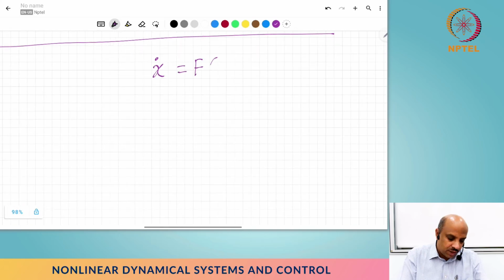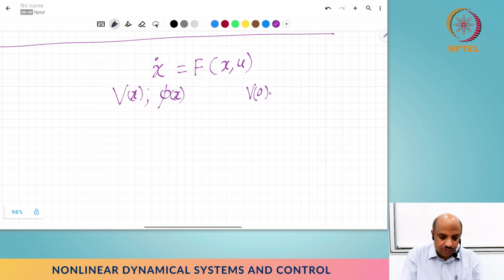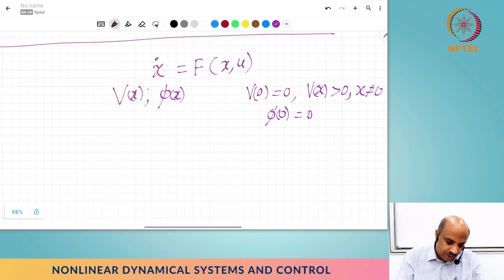And we are assuming that phi of x and V of x are such that V of 0 is 0, V of x is positive definite, and phi of 0 is 0.